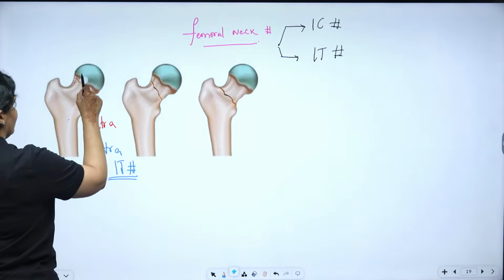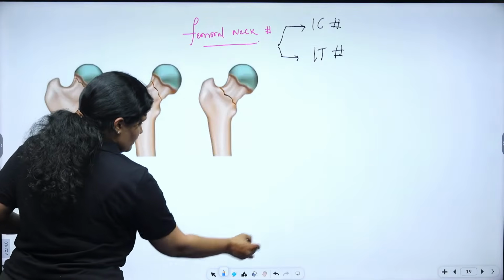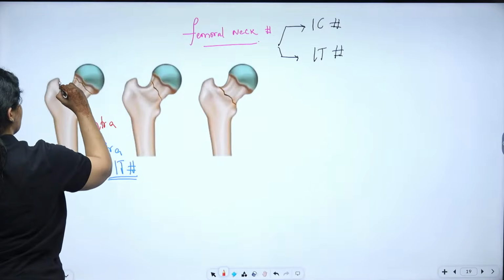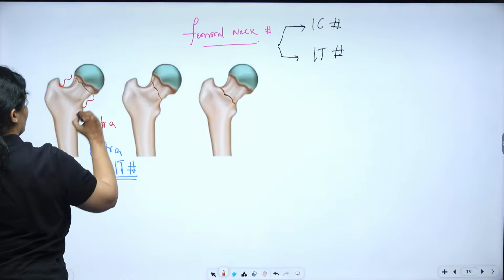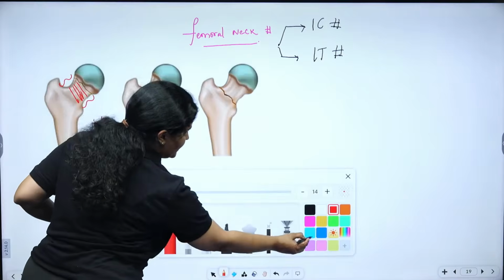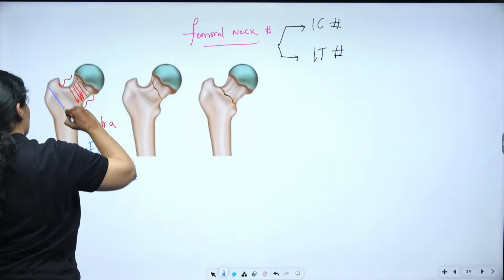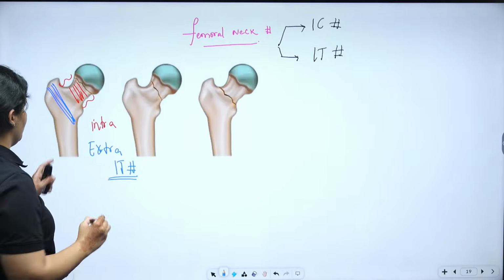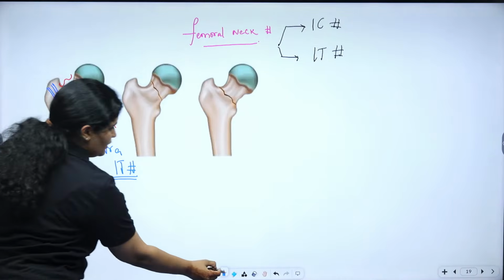Now I'll clearly write here, you see. Let's take the first, IC. If the fracture is happening at the neck, this is your IC. And if the fracture is happening in between the trochanters, this is your IT, that is extracapsular, because the capsule is attached till here.